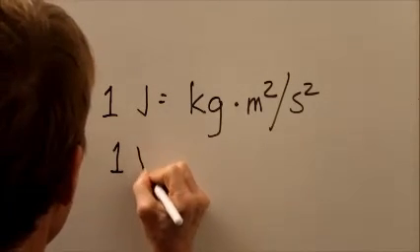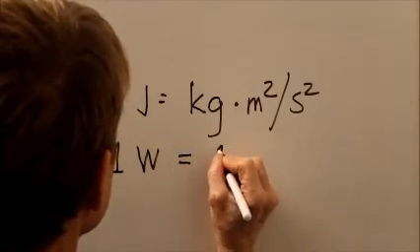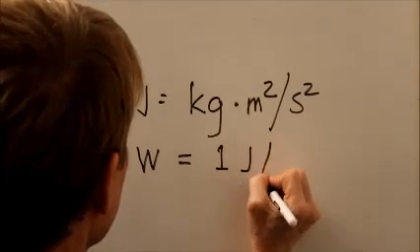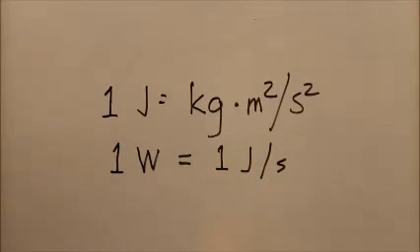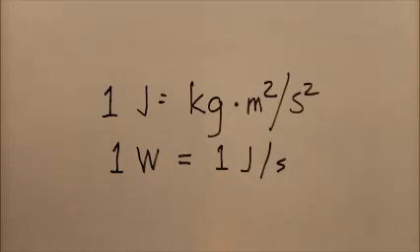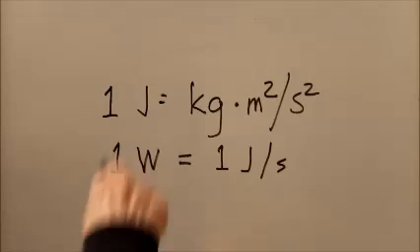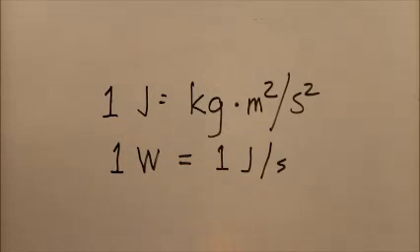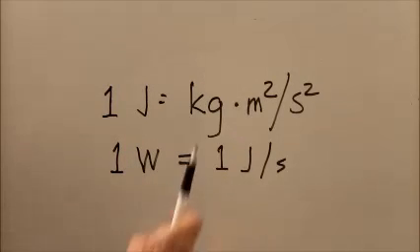So 1 watt equals 1 joule per second. Joule is the unit of energy, so power represents energy per unit time, or the rate at which energy is expended.